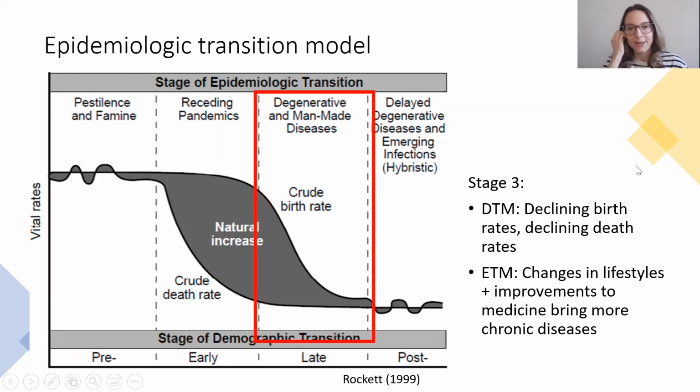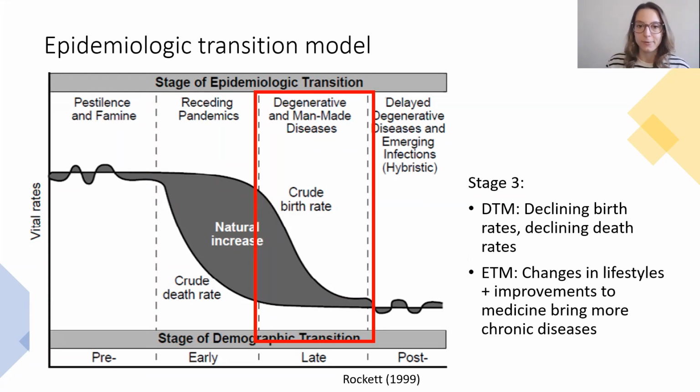Now, the third stage, this is what we call the degenerative and man-made diseases stage. Remember from the demographic transition model that this is a stage where both birth rates and mortality rates continue to decline. So it's no longer just mortality, but also the birth rates. And this is primarily dictated by more economic factors.